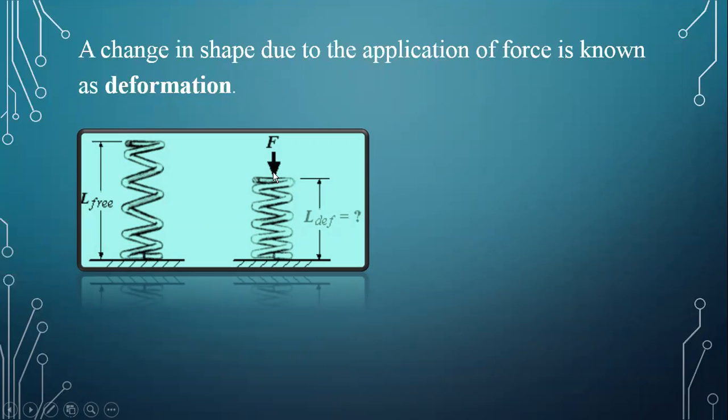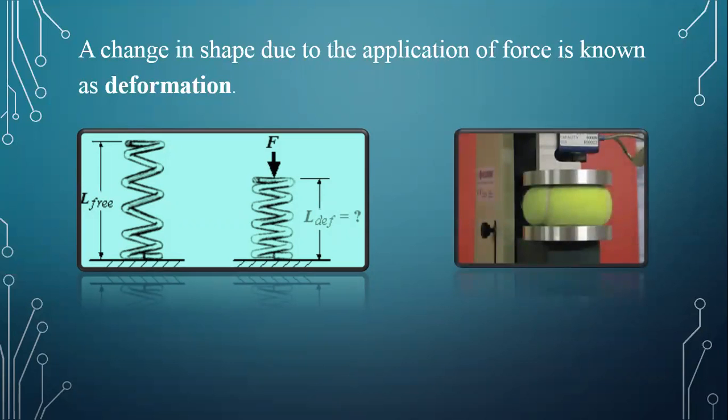When we apply some force to compress the spring, its length becomes shorter, and this is the new length of the spring under the action of an applied force, which is also called a compressive force. Under the action of this compressive force, the length of the spring reduces.